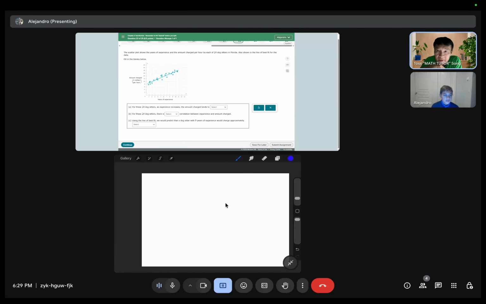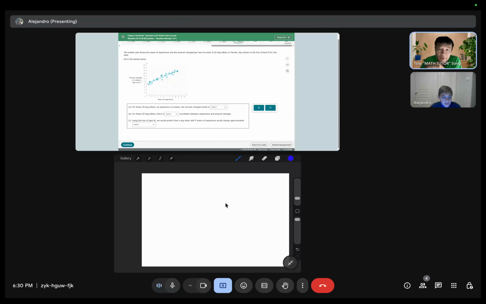So they do tell you the story up there, right? It's about dog sitters, charging per hour for the 24 dog sitters in Florida. So A, for these 24 dog sitters, as experience increases, the amount charged tends to increase.